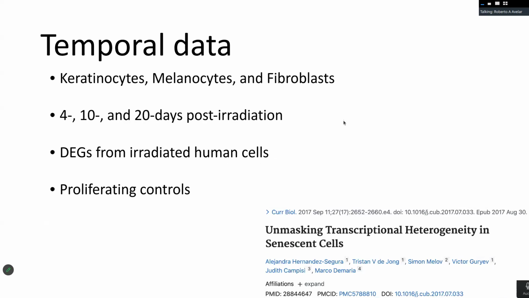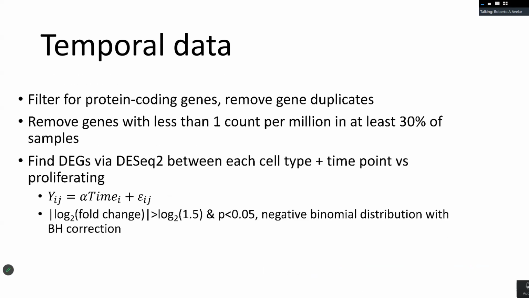So we also looked at temporal data. There's this really famous paper in the senescence field where they took keratinocytes, melanocytes, and fibroblasts from humans, and they just irradiated all of them and sequenced the data for 10 and 20 days after radiation. And of course, the proliferating controls.